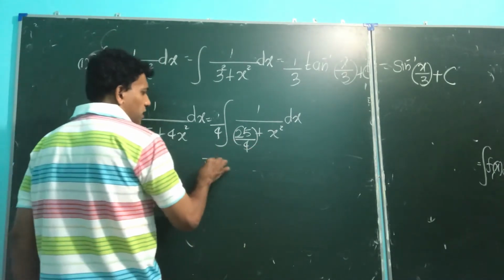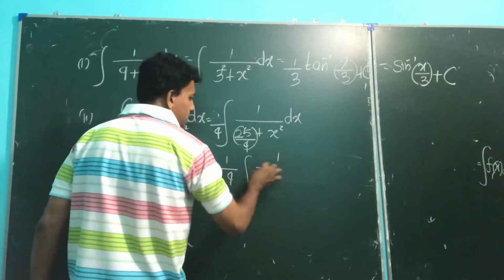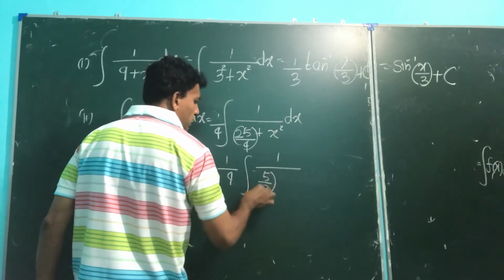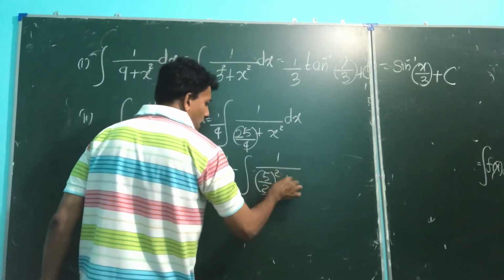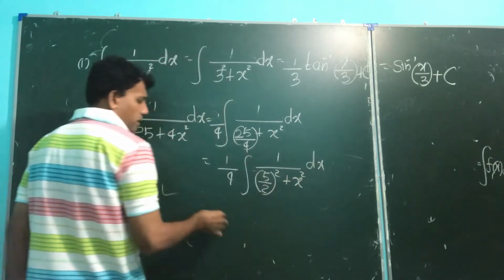So therefore here 1 over 4, the integral of 1 over (5 over 2) all squared plus x square dx.